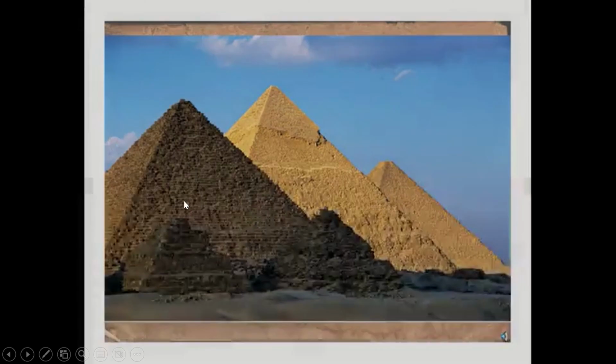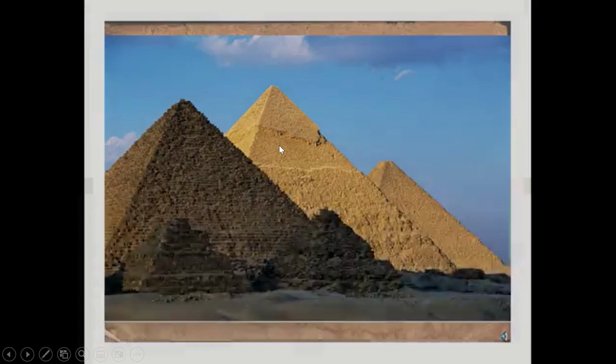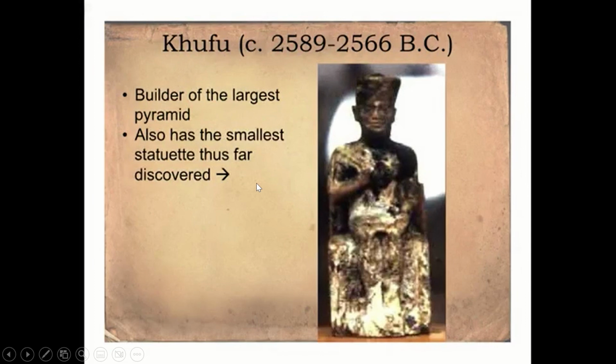And these are built by Khufu and Khafre. The smaller ones are for their wives. Khufu is the one who builds the largest. He's kind of famous among Egyptologists, because not only did he build the biggest pyramid, the Giza pyramid, that was basically built for him as his tomb, he also has the smallest statue ever discovered in Egypt, which is very, very tiny.